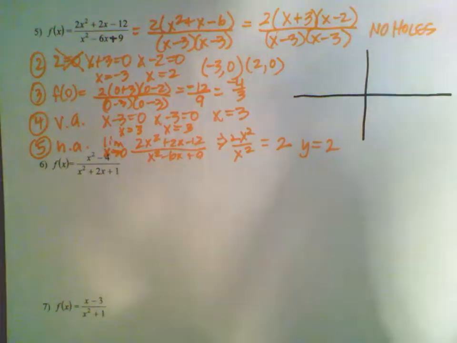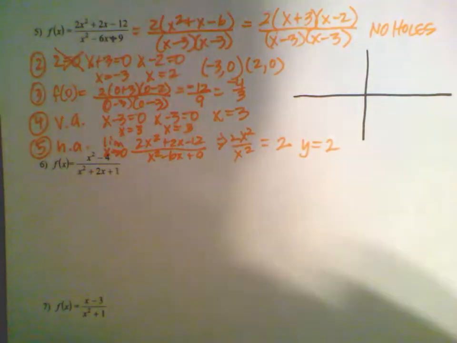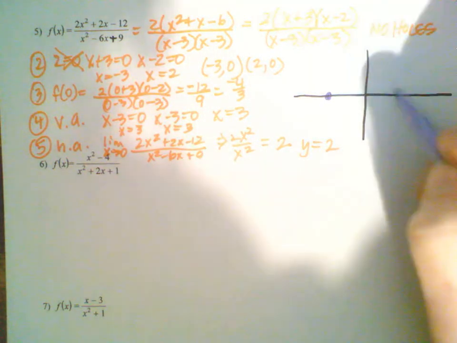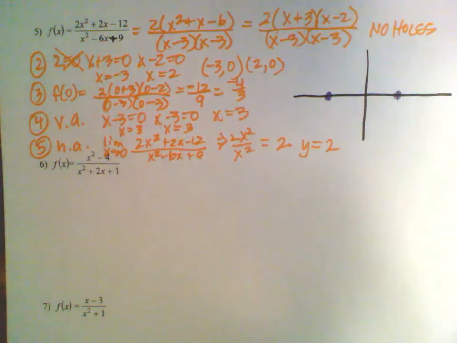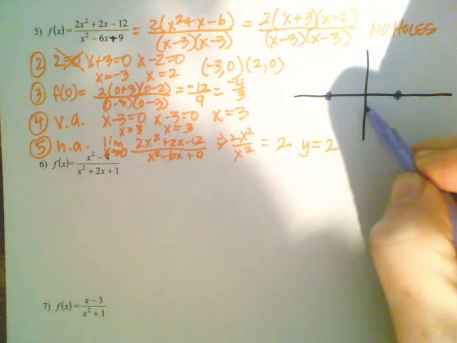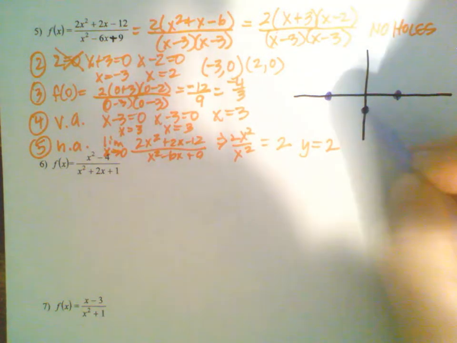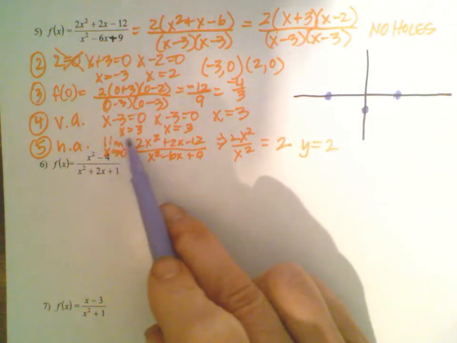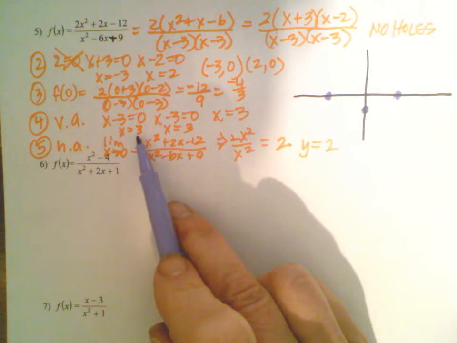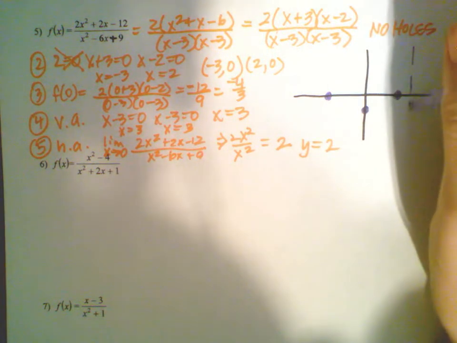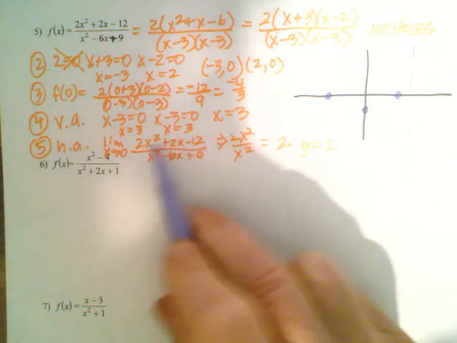I have my x-intercepts at -3 and at +2, approximate about where those are. My y-intercept at -4/3, so that's a little bit more than -1. I have vertical asymptotes at +3, so that's to the right of 2, and that's it.